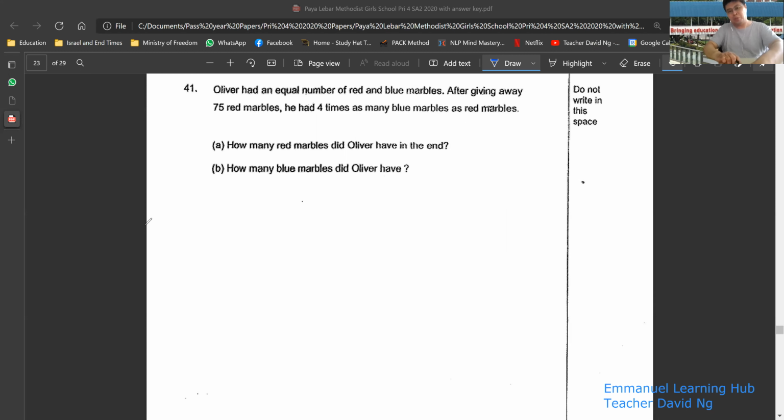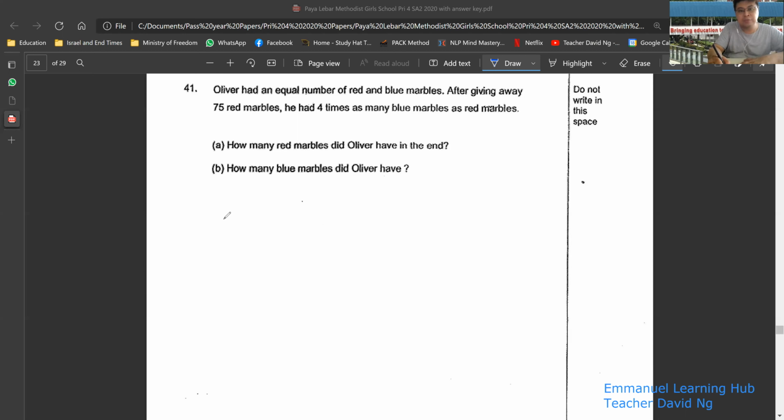How do you know you need to draw model? Because there's a before and after situation. Can you see there's a before and after situation?